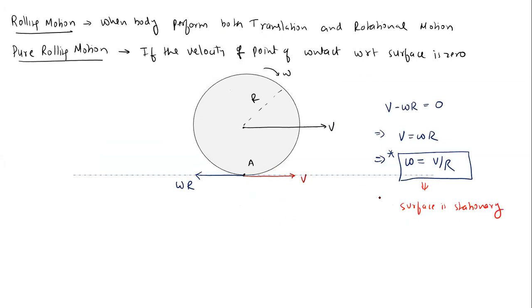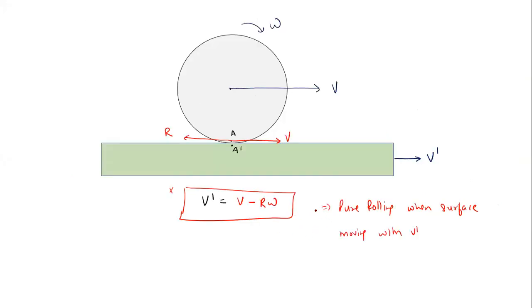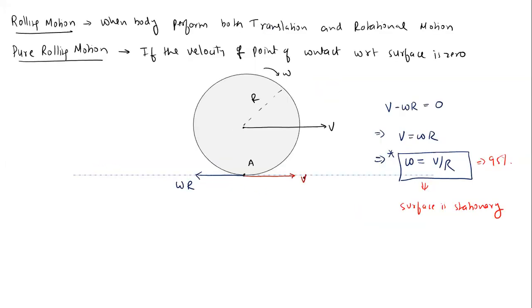In 95% of the problems you will get this expression only, that omega equal to v by r, because the surface is stationary. Last line: here I have taken a condition where the plank is moving with velocity v dash. In the previous case I took a stationary surface, meaning the ground.